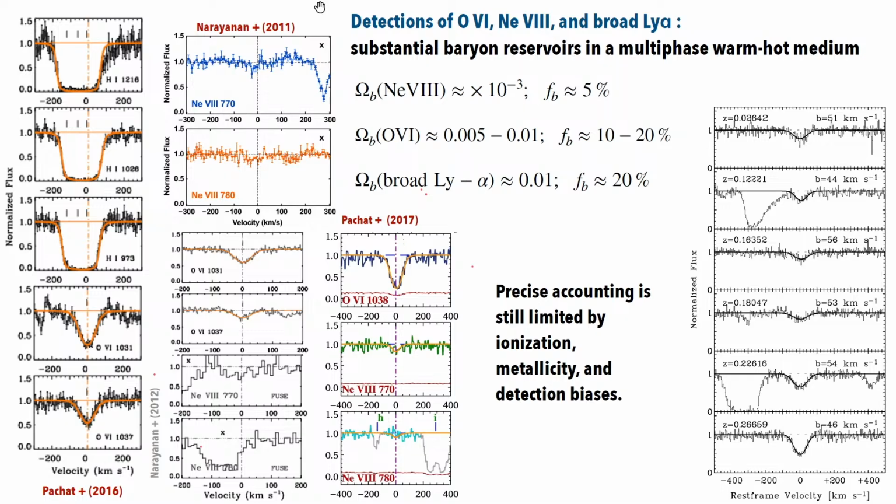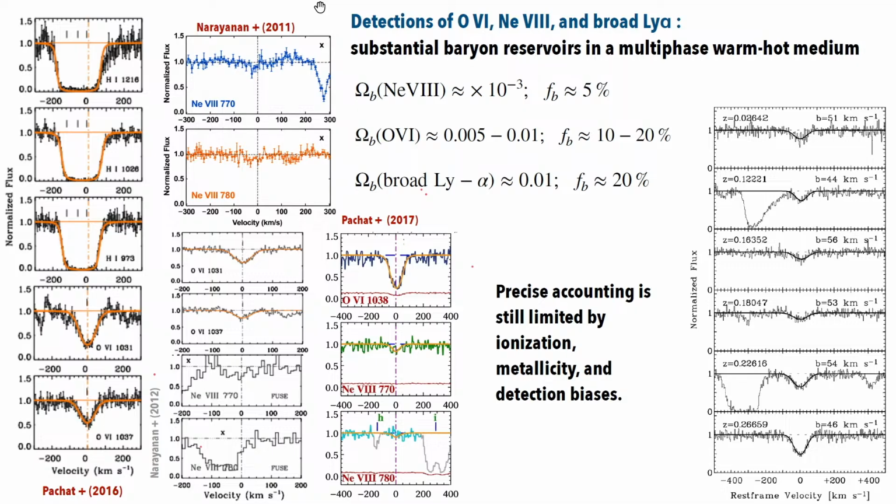In each panel, what one is seeing is a small part of a quasar spectrum, a line of sight that is piercing through the low redshift universe, and at some low redshift there is a parcel of gas that is producing an absorption, and that absorption feature is stacked one after the other. So you have atomic hydrogen, Lyman alpha, Lyman beta, higher order Lyman lines present. In addition to that, at that same velocity, we also have oxygen 6 absorption.